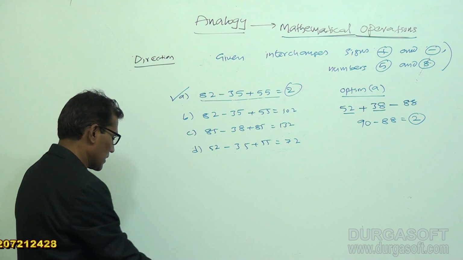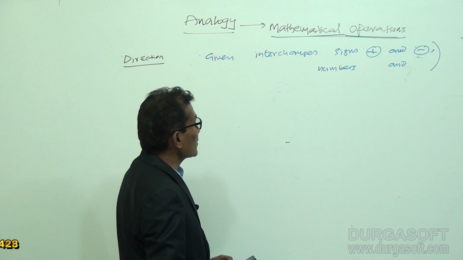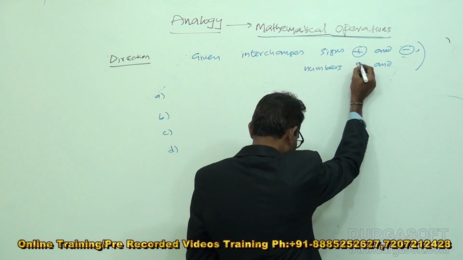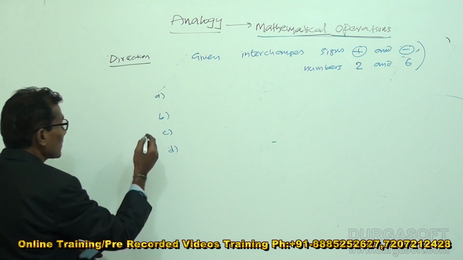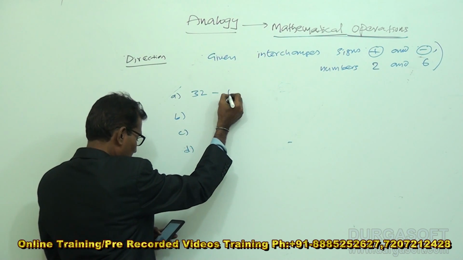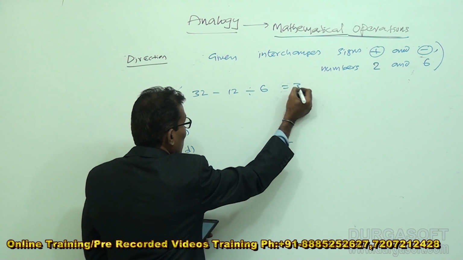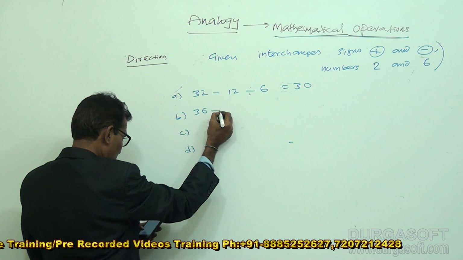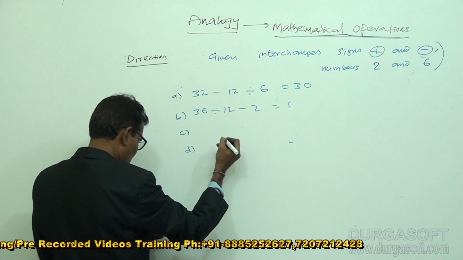Now let us take another question. In this question the directions given are: interchange the signs plus and minus and the numbers 2 and 6. The options are given. Option A is 32 minus 12 divided by 6 is equal to 30, and option B is 36 divided by 12 minus 2 is equal to 1.